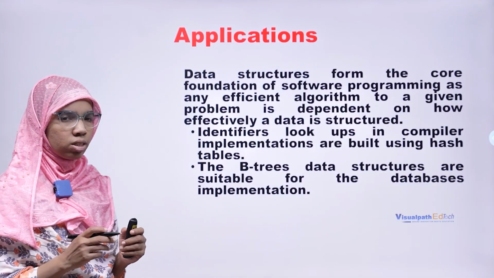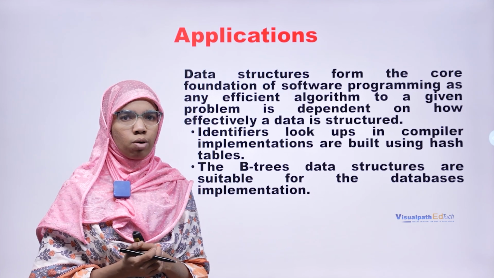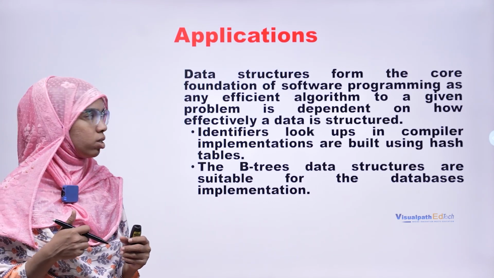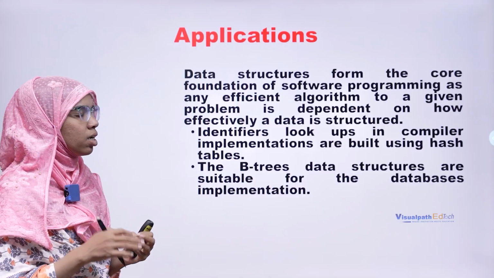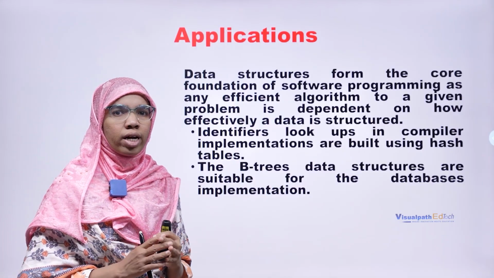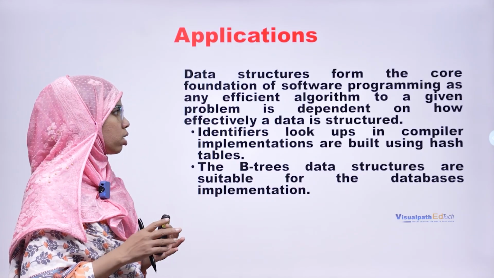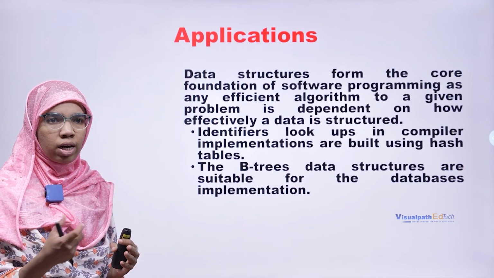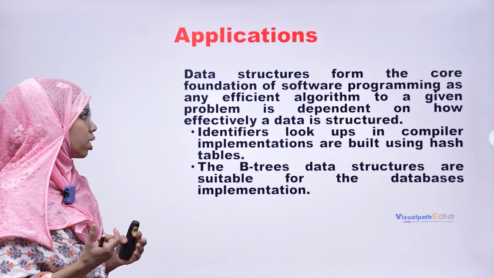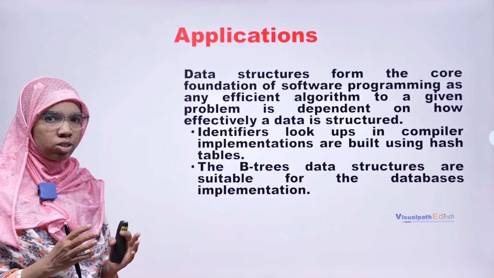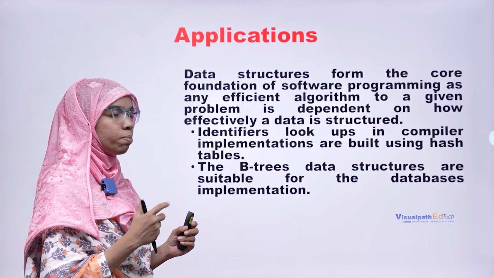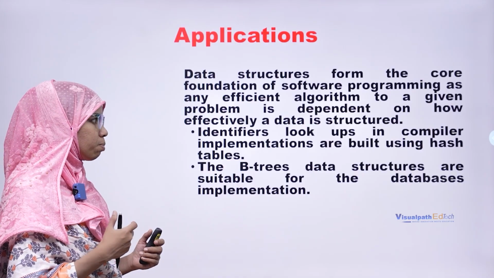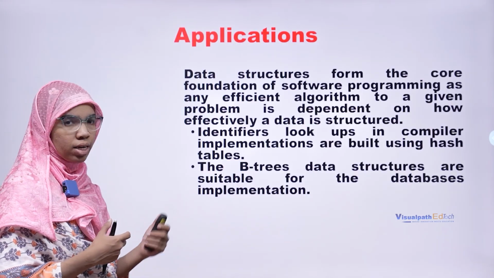Now, let us understand a few of the applications of data structures, where it is being applied and how it is useful. Basically, the main and the foremost usage of the data structure is for efficient programming or algorithmic design, and how efficiently the data is structured, that we will be keeping as a criterion. Identifier lookups in the compiler implementations are built using hash tables.